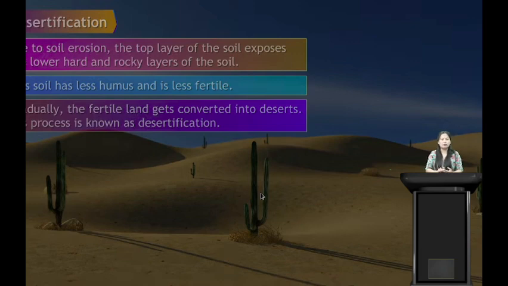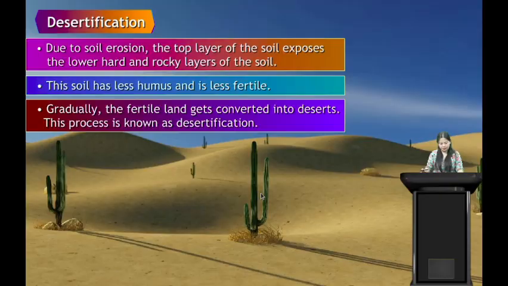So if there are no plants and grasses, then the fertile land will get converted to desert. And this conversion of fertile land into desert is known as desertification. So deforestation will also lead to desertification.